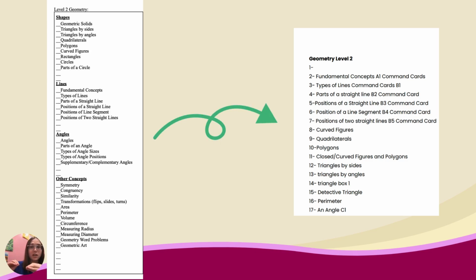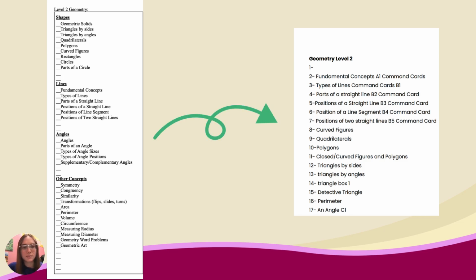This weekly list, we start with the fundamental concepts, and I put command cards for the second graders, but for the first years, it's like types of line, and then the next week types of line command card, so it gets cemented in, and then the shapes, and then the rest of the lines, and going through it like that, right?